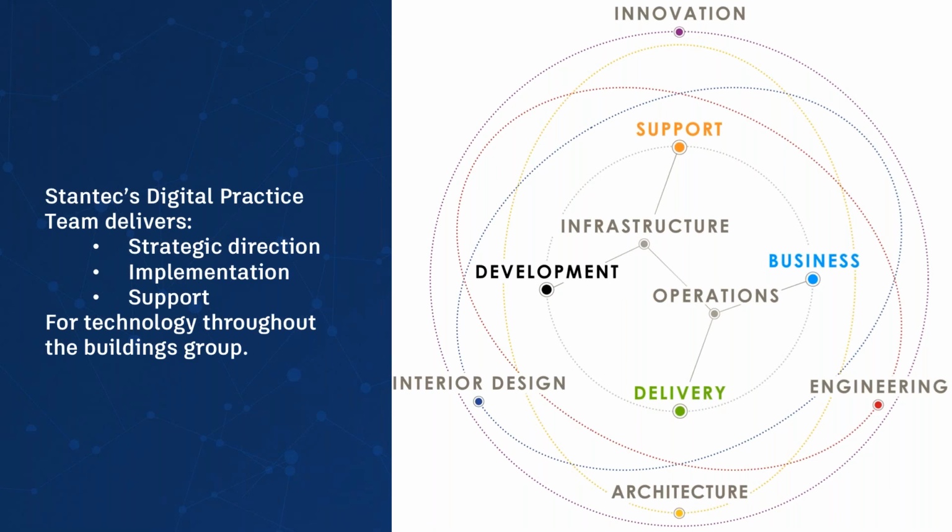The digital practice team at Stantec is responsible, within the buildings group, for helping with the strategic direction, implementation, and support of technology. So what does that really mean? We're trying to look after all the technology that's used by our practitioners to get their work done. Specifically, I sort of fall on the infrastructure side of the line these days, both providing support as well as helping to manage development, and working very closely with the other side of the line in terms of delivery and business.